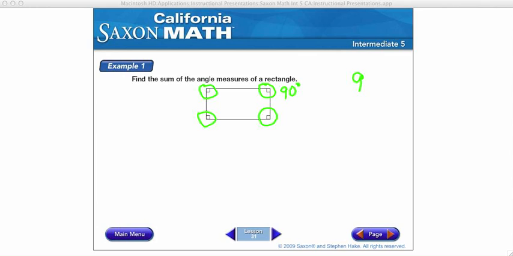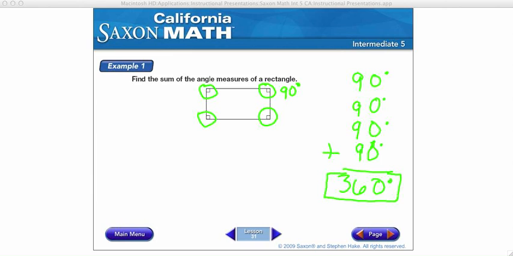So I would add 90 plus 90 plus 90 plus 90. And you need to make sure that you put the degrees symbol on each one because we are measuring in degrees. Add it up, and we get a total of 360 degrees.